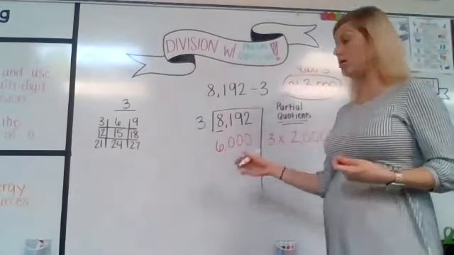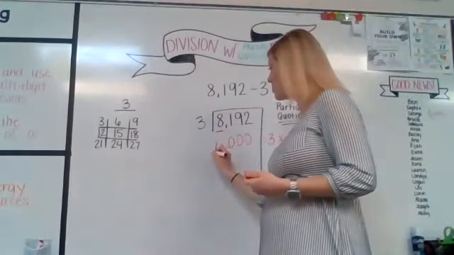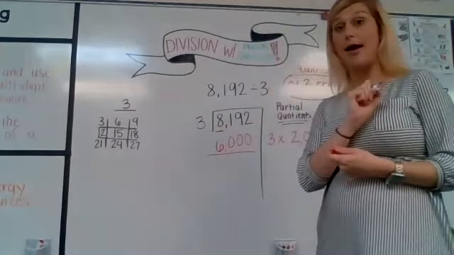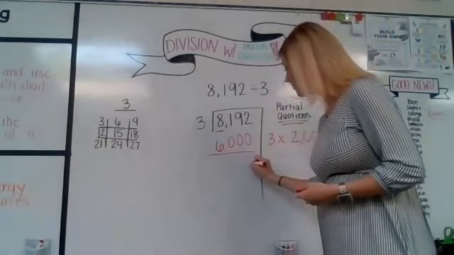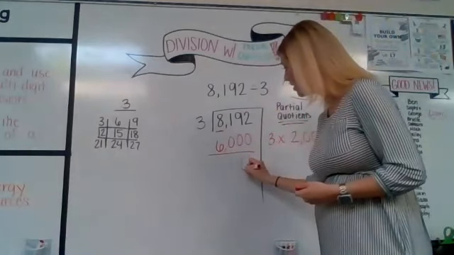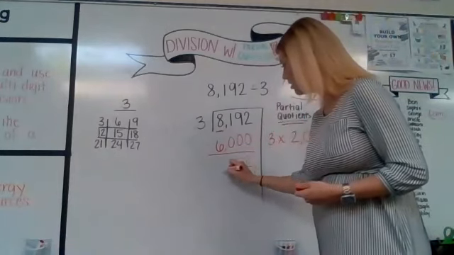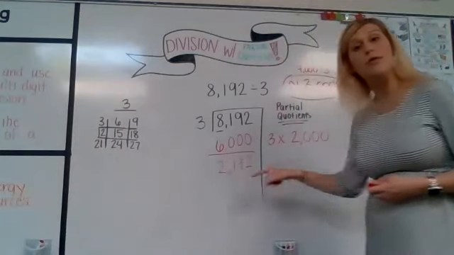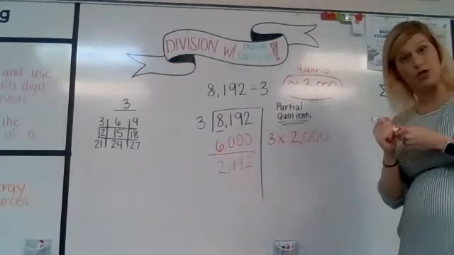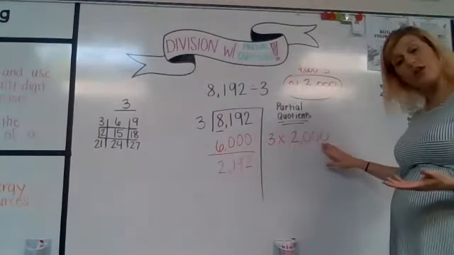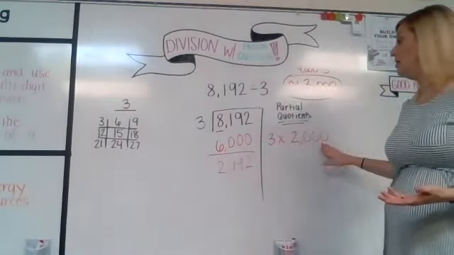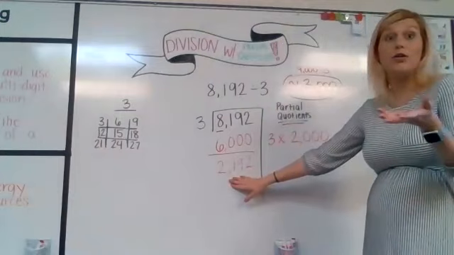So since we're going to take those away from there, we are done with those. Subtract them on out. After we do our subtraction, column by column, no shortcuts here, we are left with 2,192.